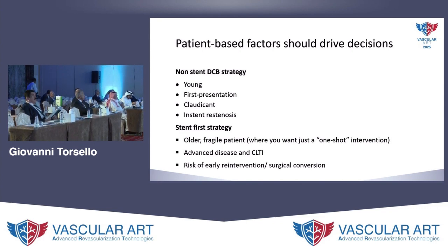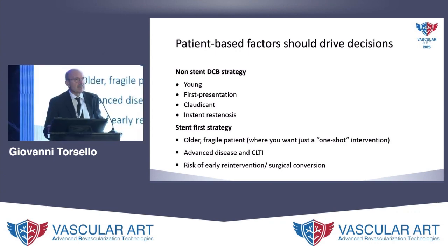Starting with the patient-based factors, I use a non-stent DCB strategy in patients who are young, who can probably come again for a restenosis, and these patients are mostly claudicants.